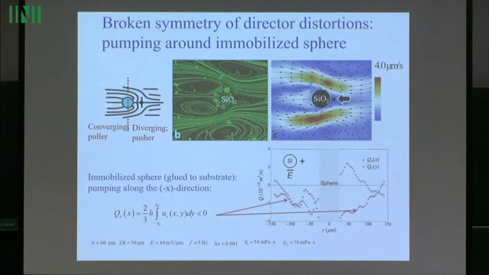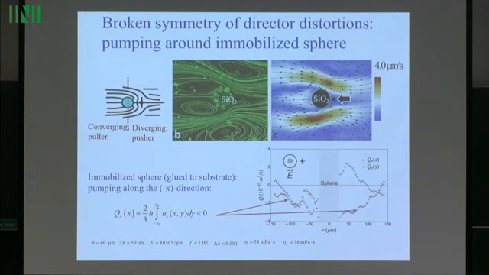So on the left and on the right you have different director fields. And then if you apply electric field to the colloid that is glued, you realize that there is a lost symmetry of the flows. The fluid now moves predominantly from right to left, and this is for the particle that is glued to the substrate. It's working like a pump.